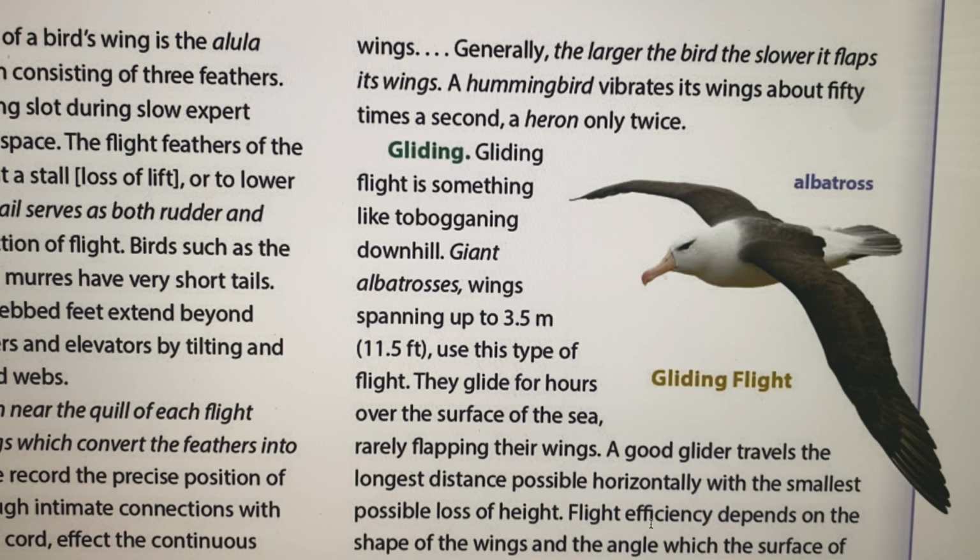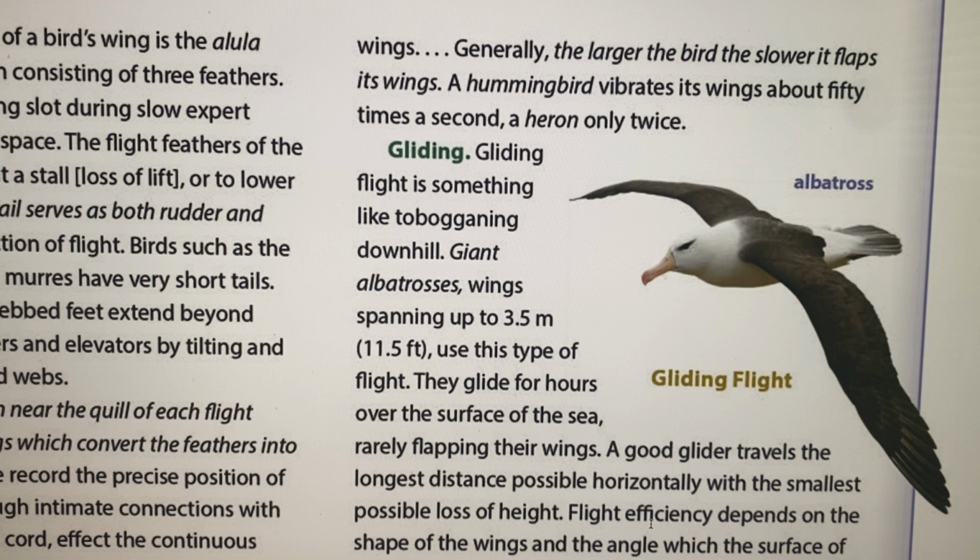So it's very important for a good glider so they can go a longer distance and basically lose the smallest height, so they can stay up there pretty high when they glide. And so shearwaters, that's a type of bird, can glide 10 foot per second.